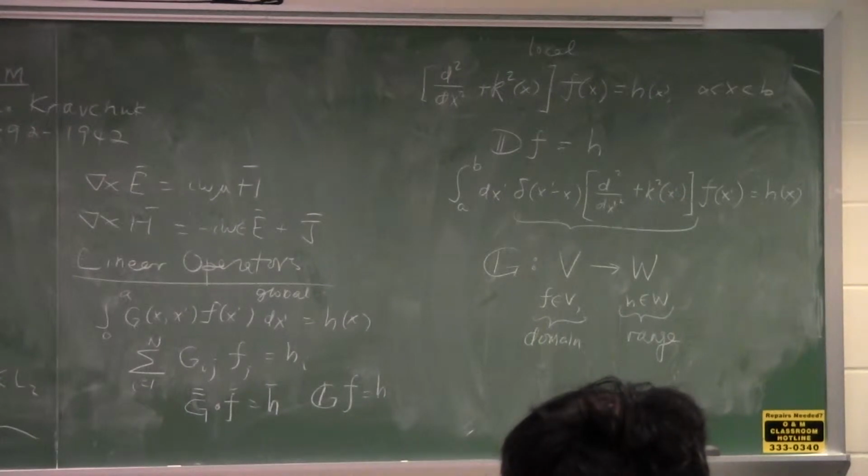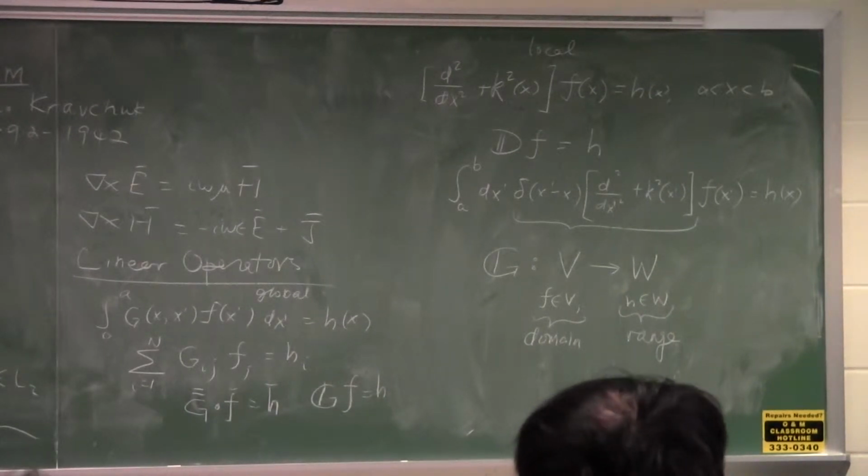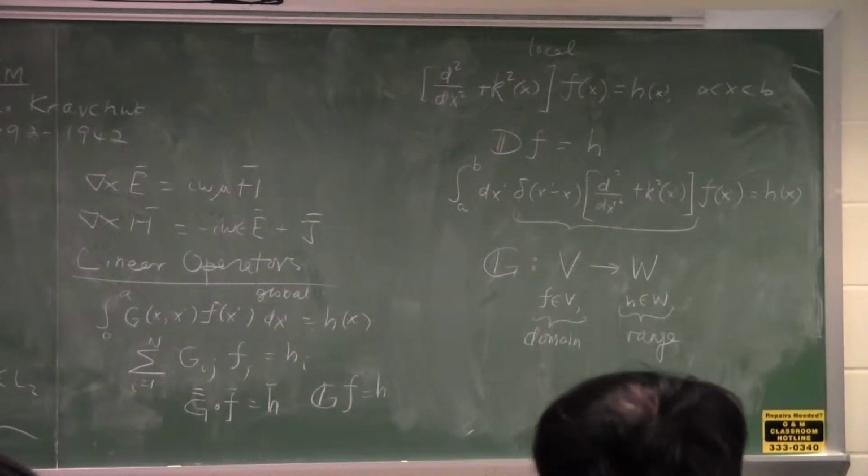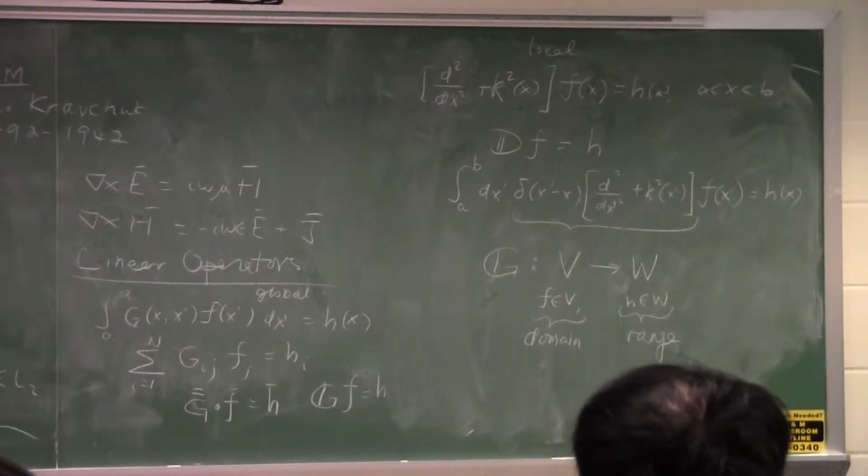So an operator always maps vectors from one vector space to vectors in another vector space. The beginning vector space is called the domain space. The resultant vector space is called the range space.